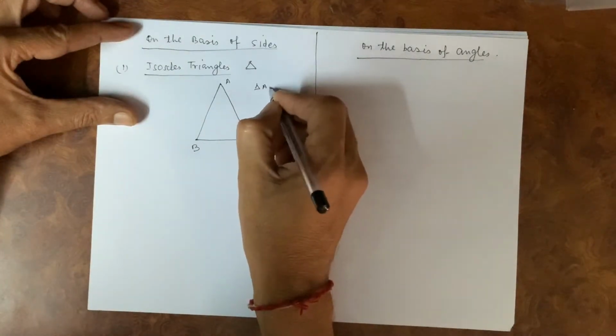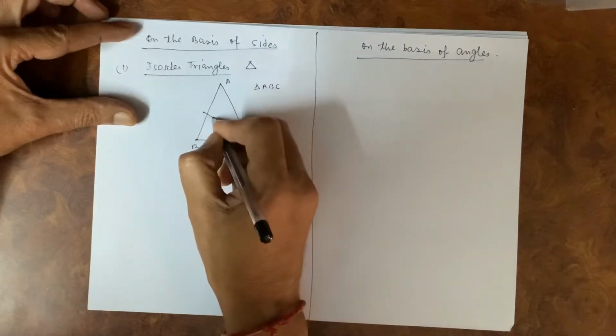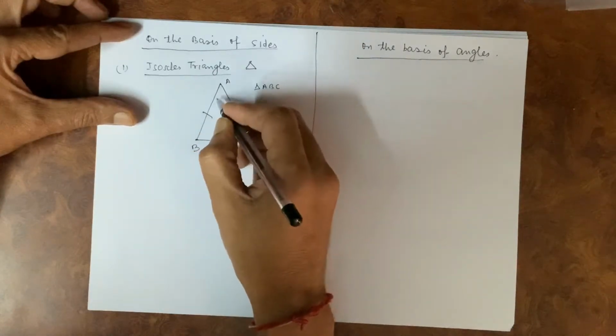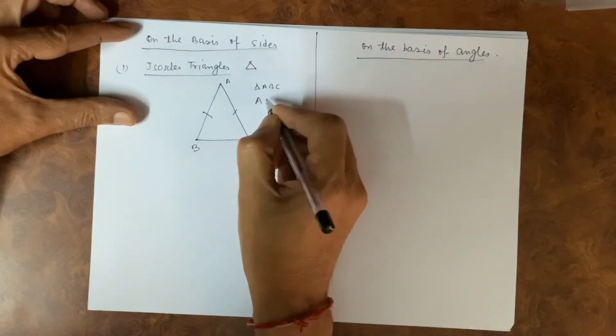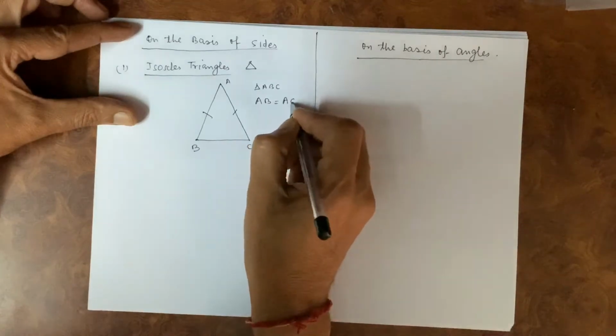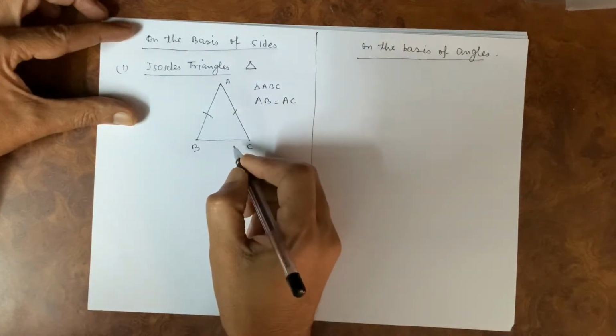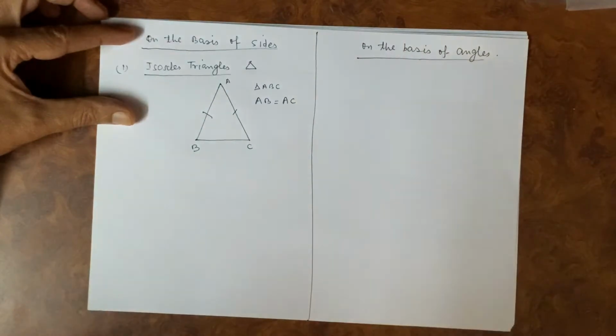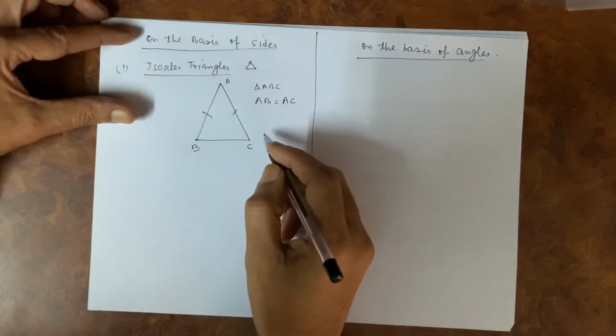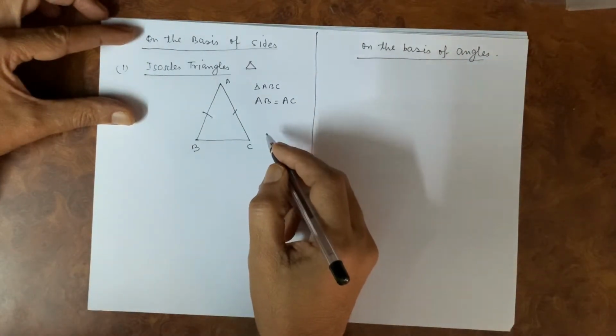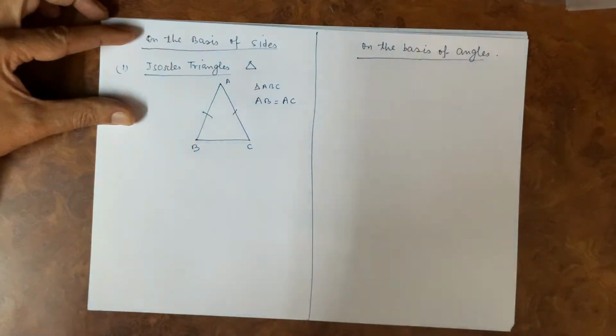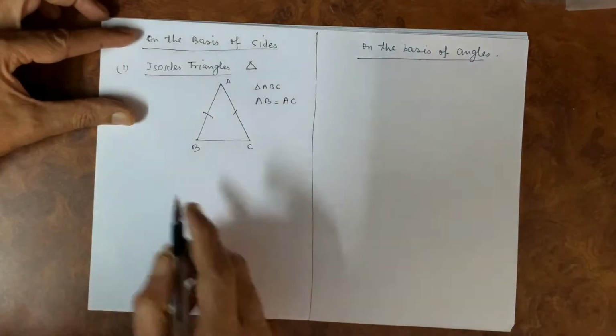In triangle ABC, AB and AC are equal. AB is equal to AC. This type of triangle is called isosceles triangle, in which two sides are equal.